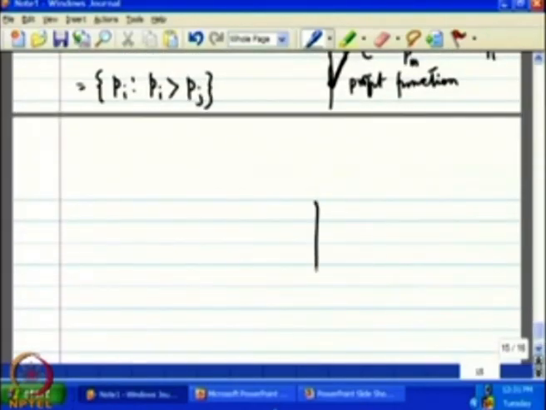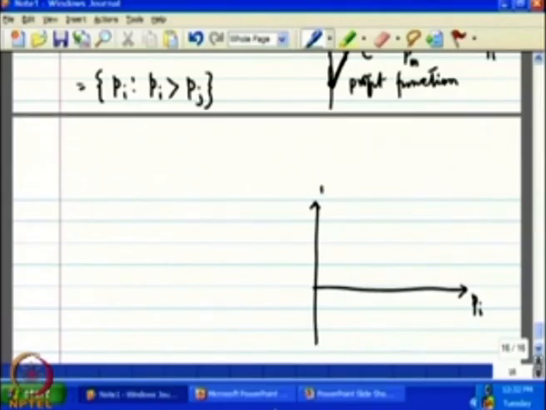What if his price is just equal to C? So, this is C, this is alpha. Suppose this Pj is here.